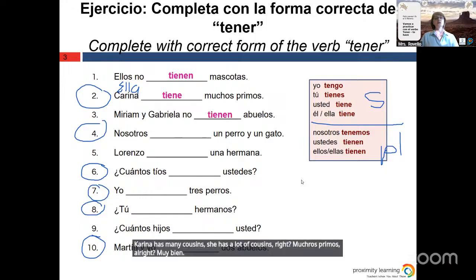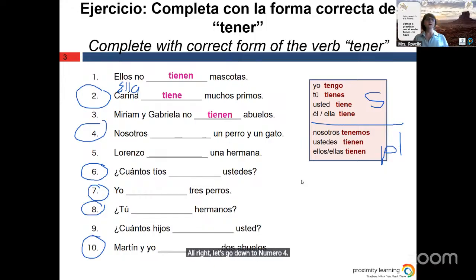All right, let's go down to número cuatro. Nosotros. So nosotros is we, right? Plural. So it was either going to be tenemos or tienen. You guys all guessed tenemos. Okay. Heaven, can you unmute, por favor? Read us número cuatro and tell us what it means.